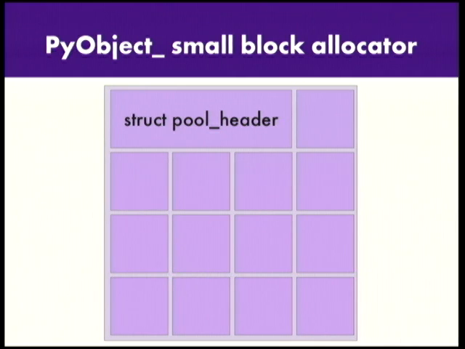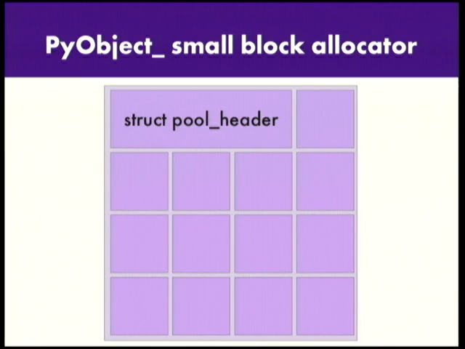The pool header knows how big all of the allocations inside of this pool are going to be, and it has a free list pointer. The Python small block allocator doles out memory in 8-byte increments. So you'd get 8 bytes, 16 bytes, 24, 32, 40, 48, on and on, up to a couple hundred bytes. So what we do is we allocate the pool header at the very front of the pool, and then we carve up the rest of the memory inside of that 4K block into exactly that size.